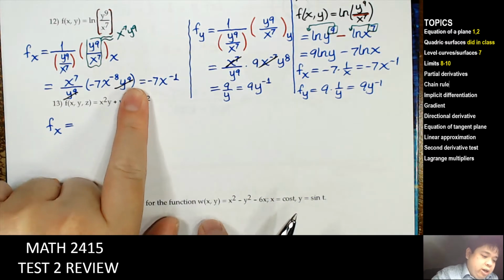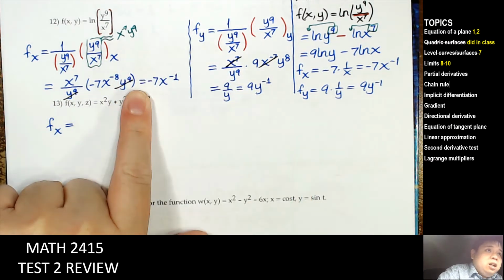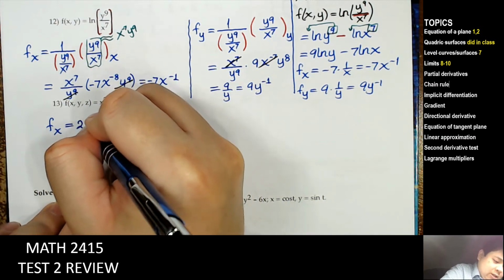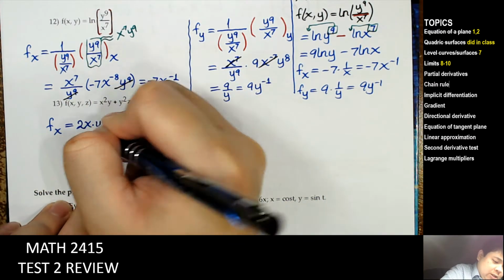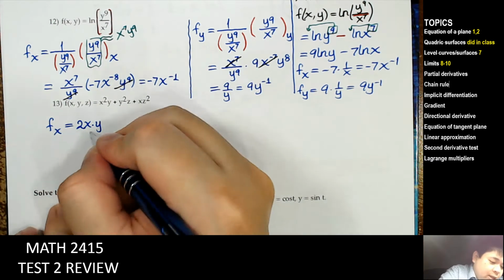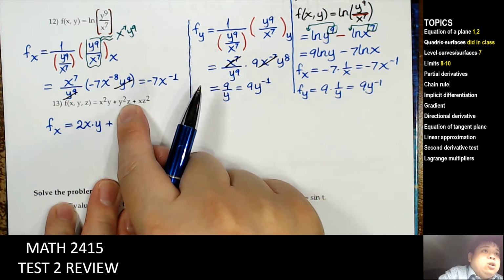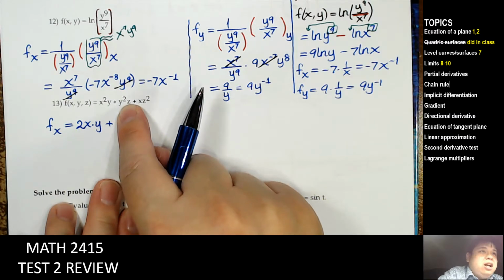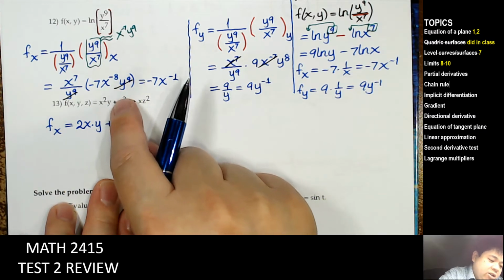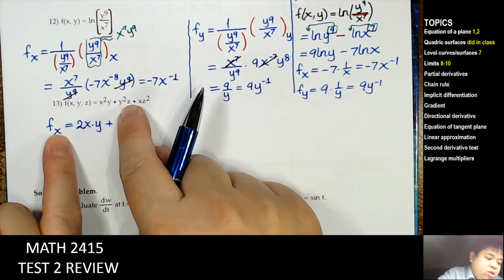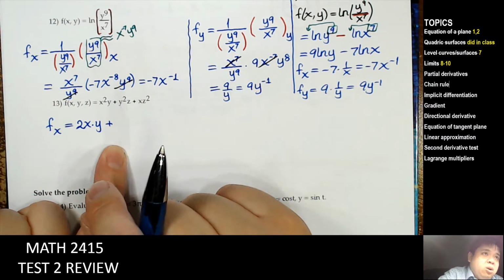Derivative of x squared is going to be 2x, and then y is a constant, will stay there. Next, derivative of this with respect to x, there's no x there, so y squared plus z is constant. Derivative of a constant is going to be 0.